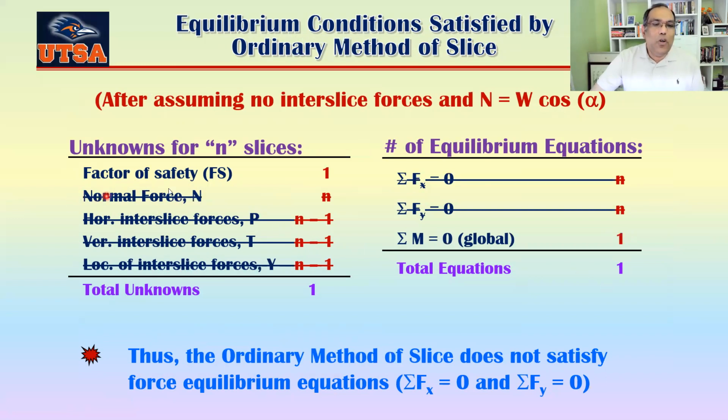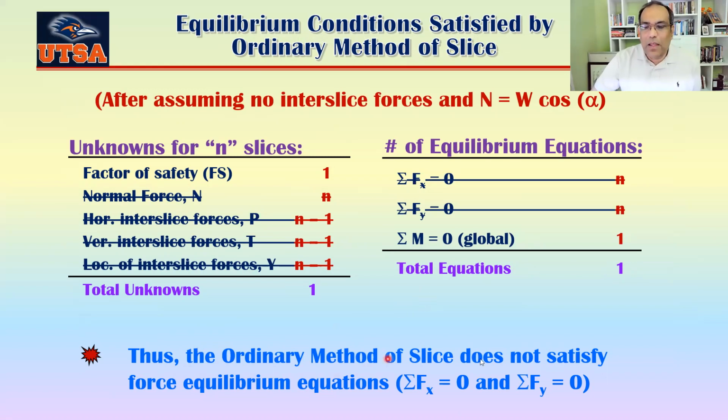So since you assume your normal force is a function of your weight, and you know the weight of each of the slices, basically this is no longer unknown here. And since you are ignoring all those things, you have just one unknown and just one equation, meaning you are only satisfying the global moment at a certain point, okay?